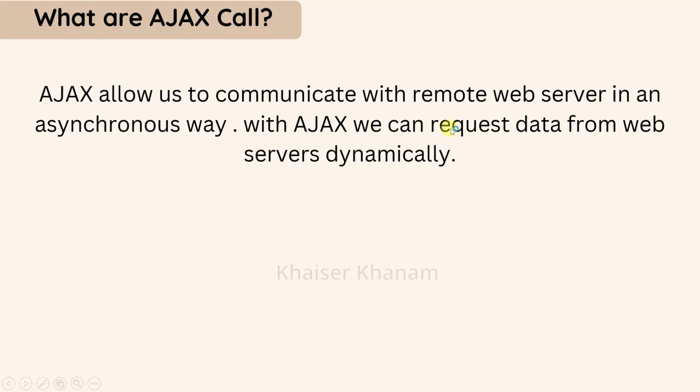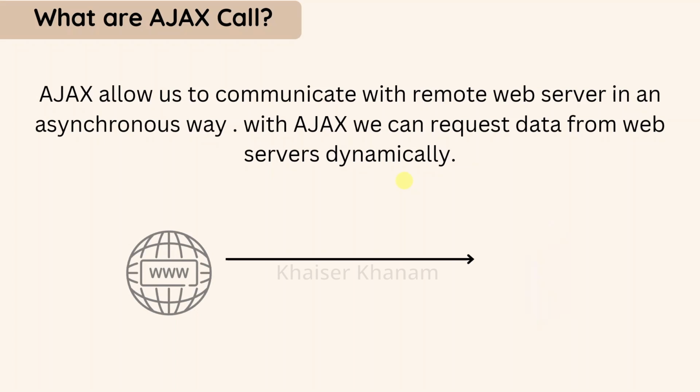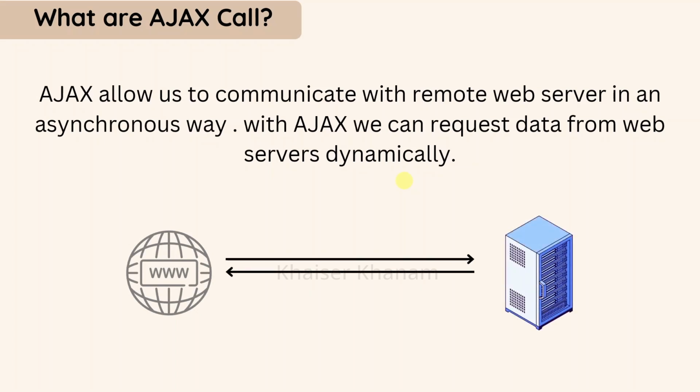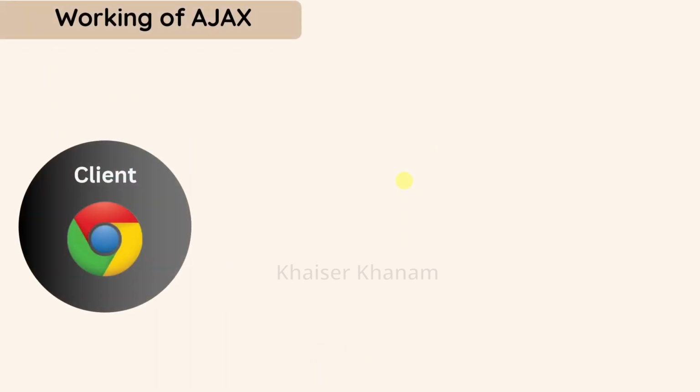With AJAX, we can request data from servers dynamically. You do not have to create a static website. You can request data dynamically from servers. This is my client. I am requesting some data from the server and in return, I am getting the response. Meantime, no reload will happen to my entire website. So this is how AJAX will be working.